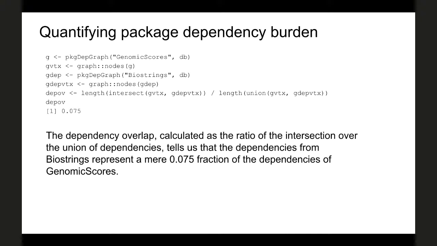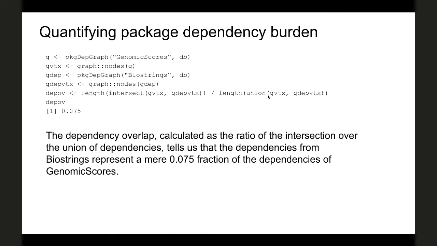If the two graphs are disjoint, so they don't share any dependency, then this index is 0. Right, so it's the fraction that the intersection represents with respect to the union.